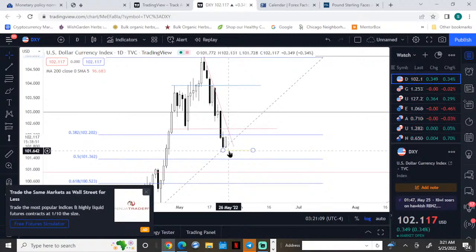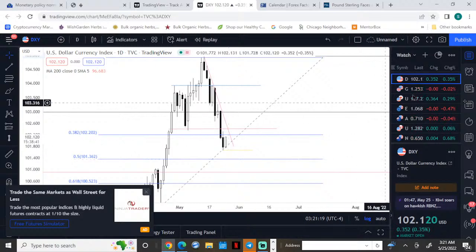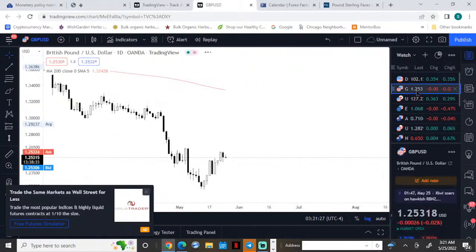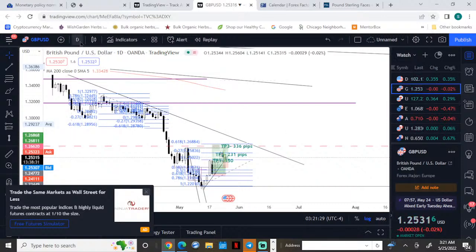I'm still looking to see. I really do want to see it drop a little more, but it doesn't really matter what I want. We react to what the market gives us. But once it does turn around, the dollar is going to continue higher. So that does mean that GBP will continue lower.